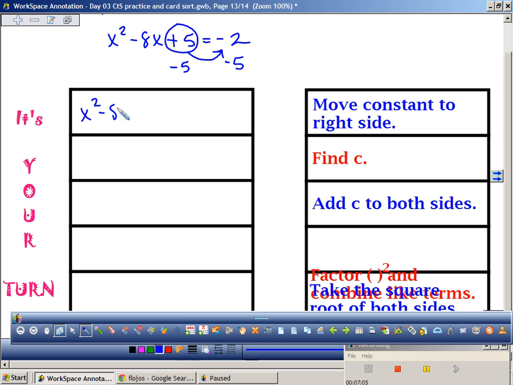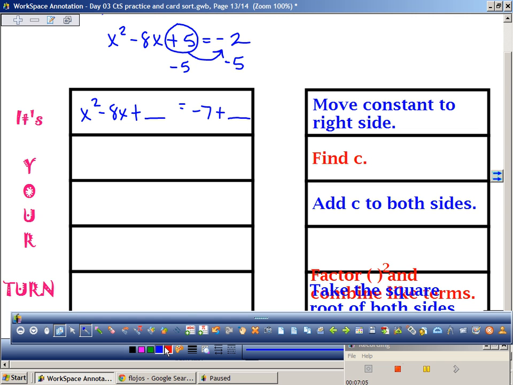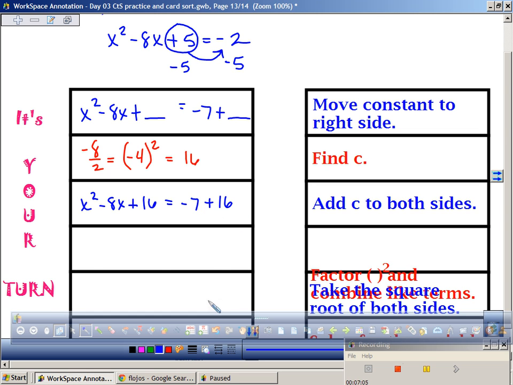It's going to be x squared minus 8x plus what, equals negative 7 plus a blank. Let's find c. Negative 8 divided by 2 equals negative 4, squared equals 16. Let's add it to both sides. x squared minus 8x plus 16 equals negative 7 plus 16.